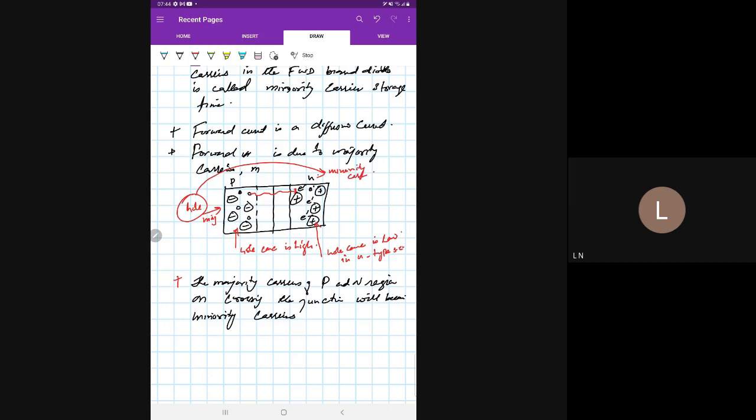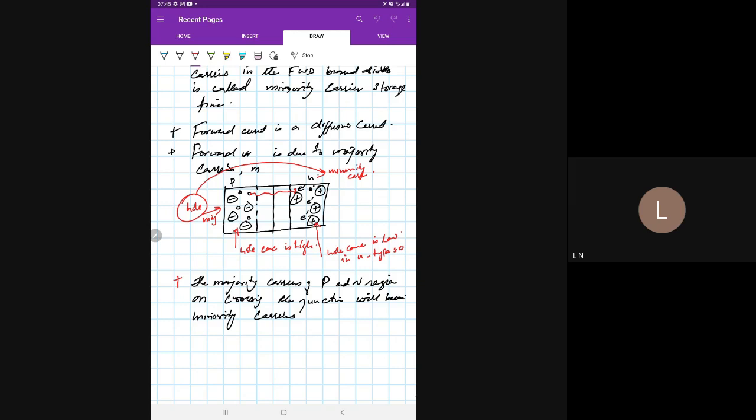A hole in P side is a majority carrier, and an electron in N side is a majority carrier. But once the electron moves to the P side region, it will become a minority carrier in the P region. Similarly, a hole will become a minority carrier in N region or in N-type semiconductor. So the majority carriers of P and N region on crossing the junction become minority carriers.